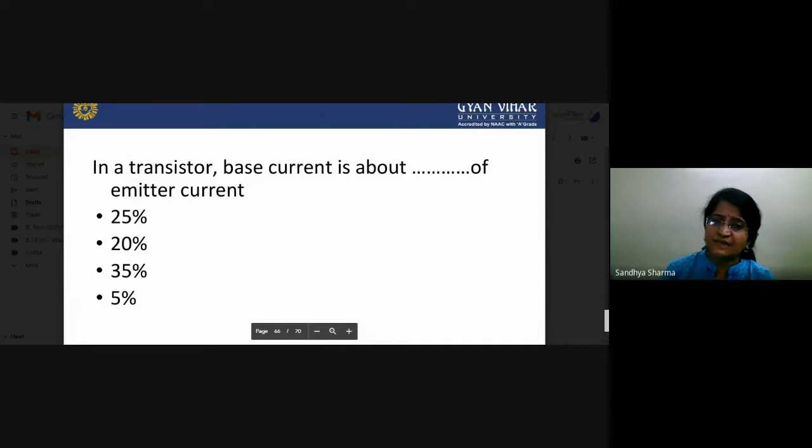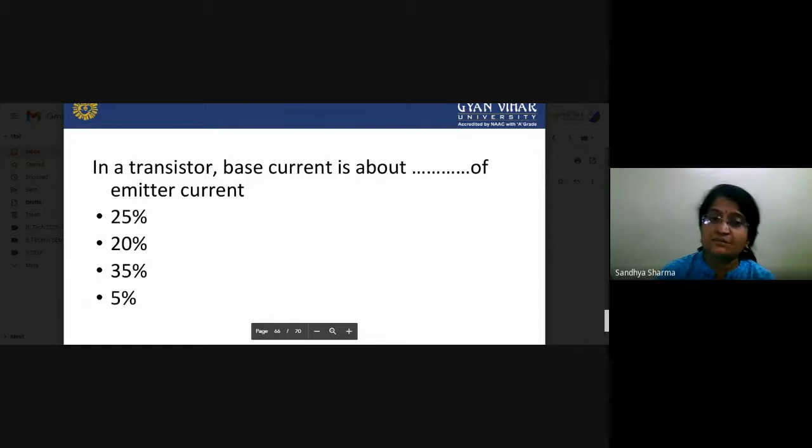Because our basic purpose is that current starts to flow at the emitter terminal and reaches the collector terminal, because we want to achieve amplification. If current is wasted here and there, your amplification factor will be reduced. This is the reason the base current should not be much larger. So you have to know again, not larger.